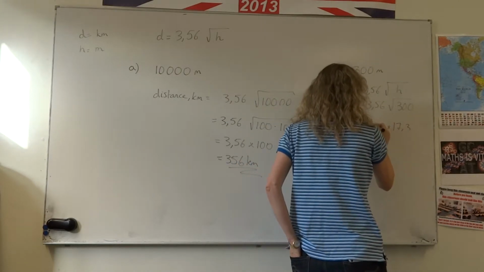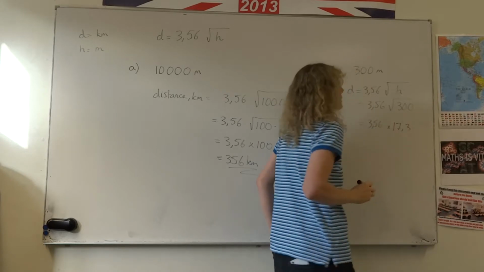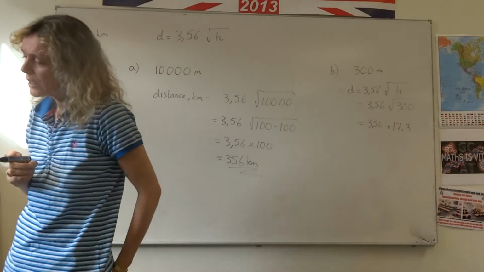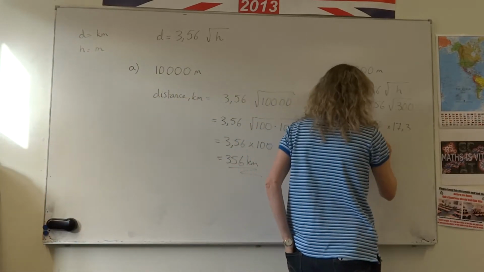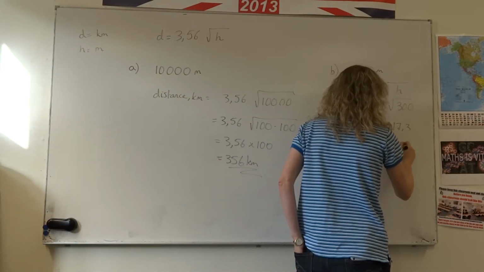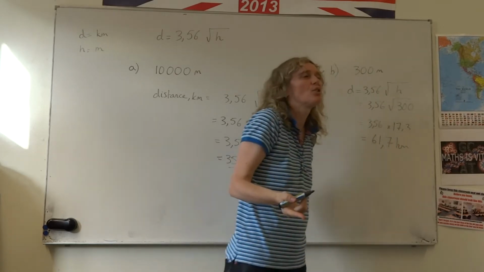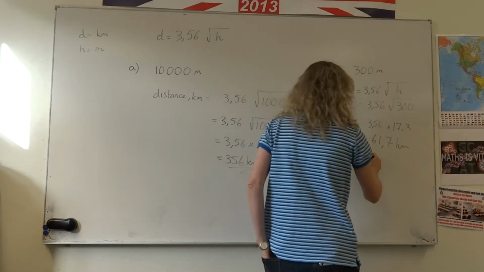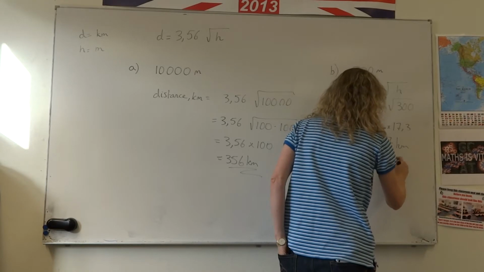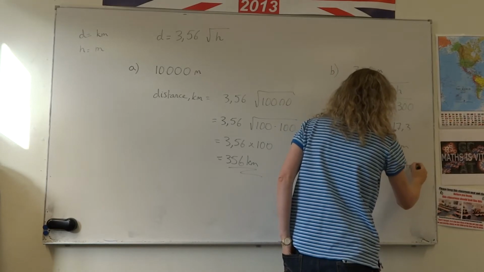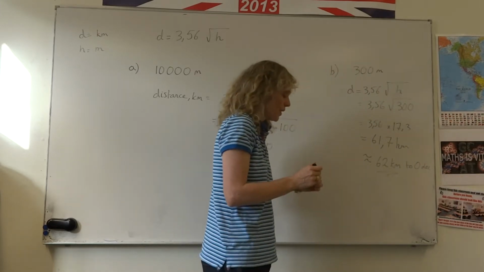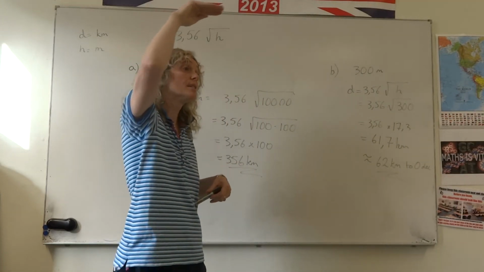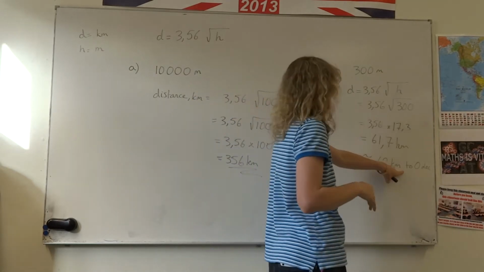So we get 3.56 times 17.3, giving us 61.7 kilometers, which we would round off to whole kilometers. I mean, it's not an exact science here. 62 kilometers, to 0 decimals. So if we were at the top of the Eiffel Tower, we could see 62 kilometers to the horizon.